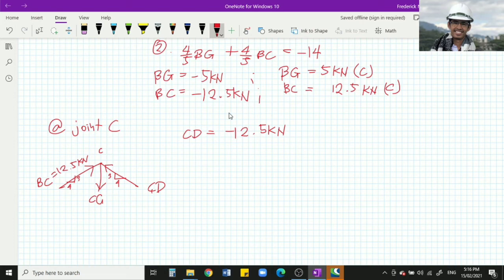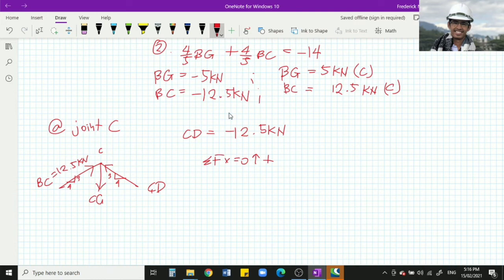So solving for CG, magsa-summation forces vertical na tayo. So summation forces vertical is equal to 0, upward, positive. So yung in-assume natin is tension. So mag-downward siya.